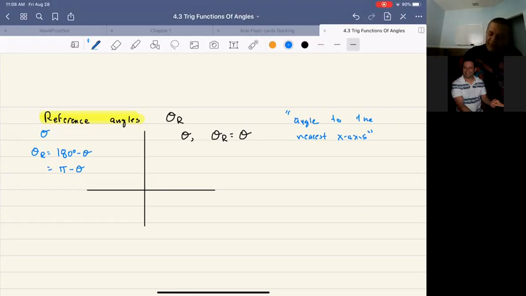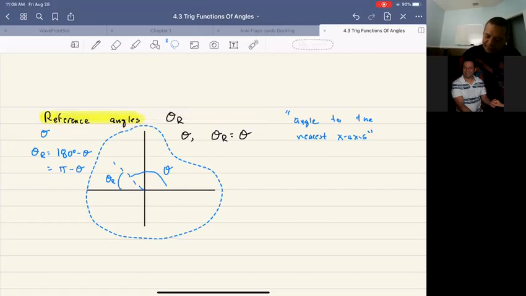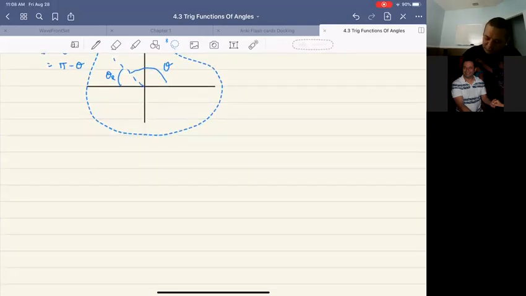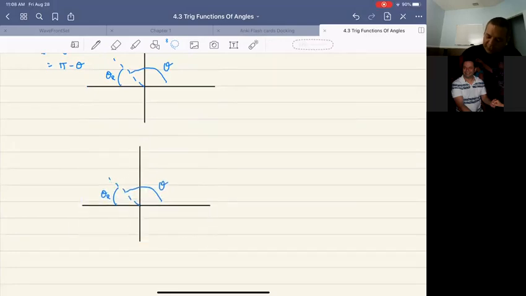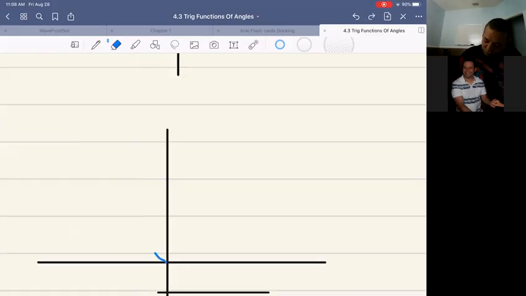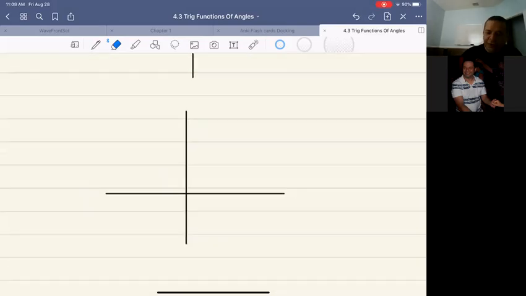Here in the third quadrant, it's just going to be this angle. Let me draw that actually. So here's theta r. Let's now draw the third quadrant one.